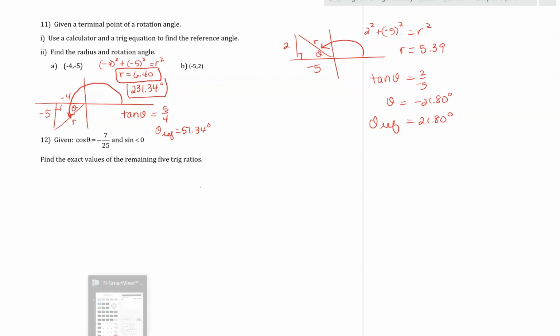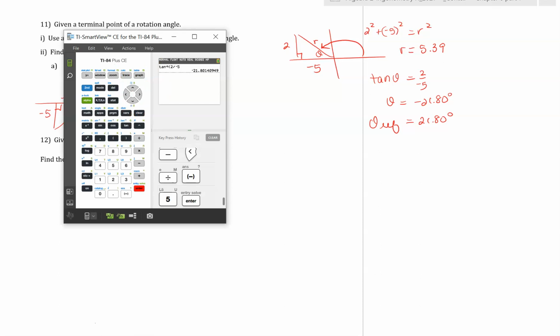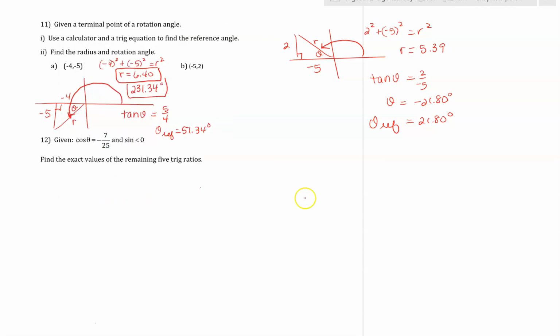So 180 minus 21.80, you end up with 158.20. So from a terminal point, I was able to find the rotational angle and the radius.